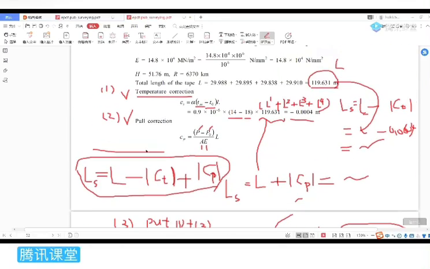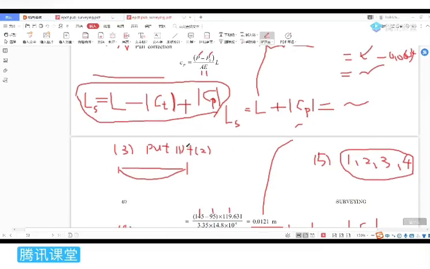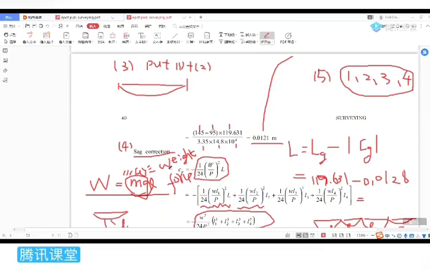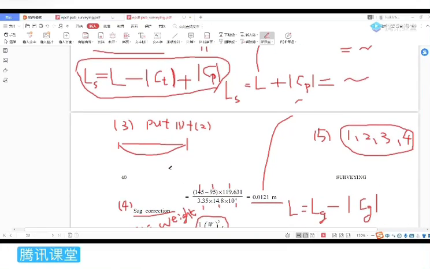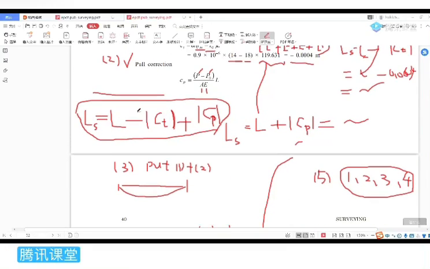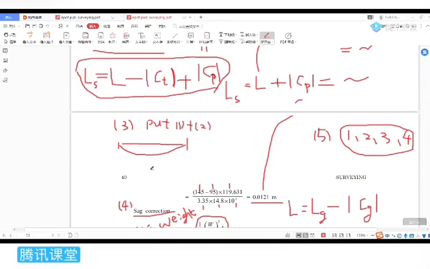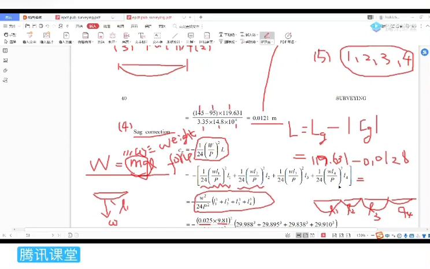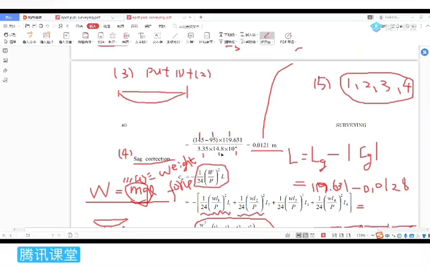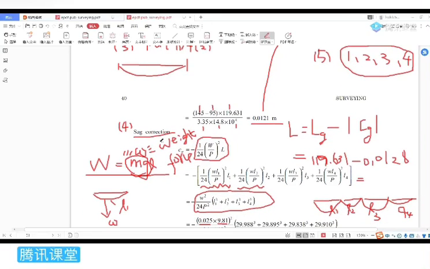Okay, so we finished the temperature within the pool. I want you to put these two together. I also ask you to do the sag correction. For the second one, we don't do much about the derivation, but we just base it on this formula. L is the length, and W stands for the weight force.